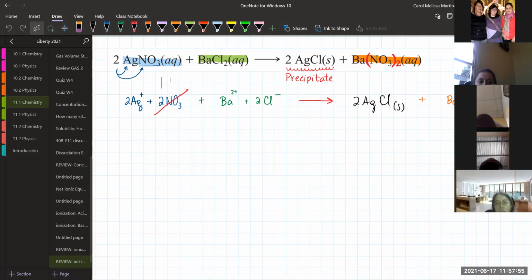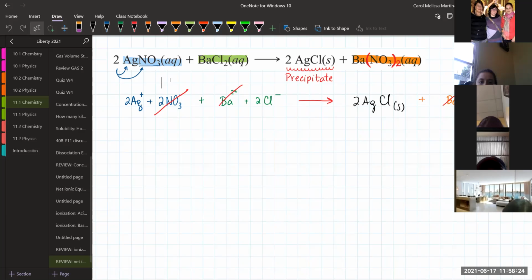We eliminate nitrate here with nitrate in the products. Can we get rid of barium? Yes, we can get rid of barium here and also there. Can we get rid of chlorine? No.